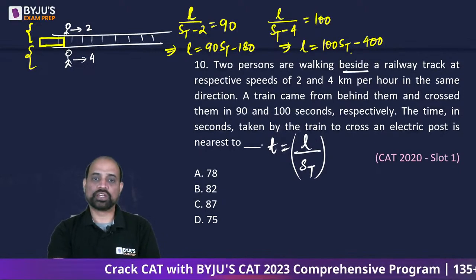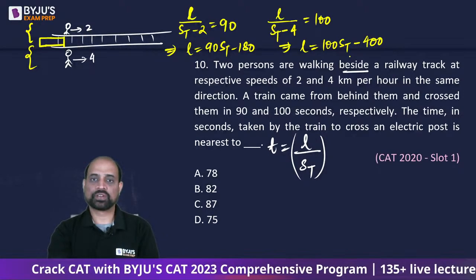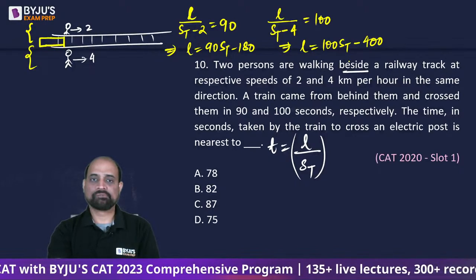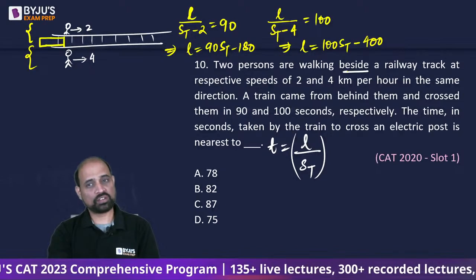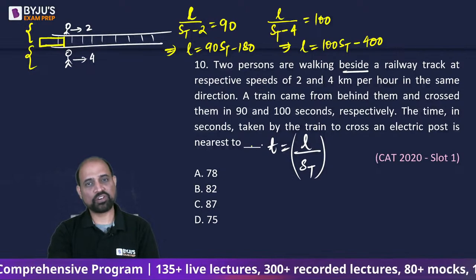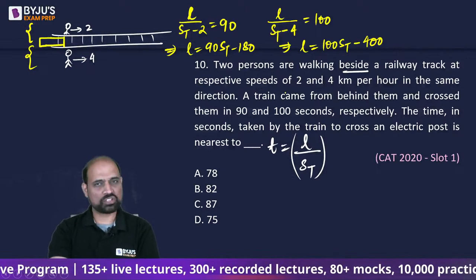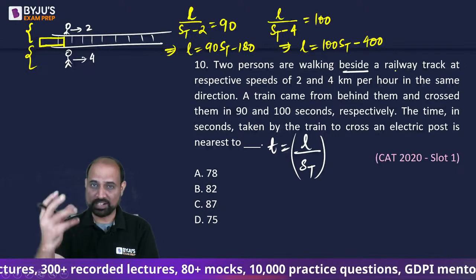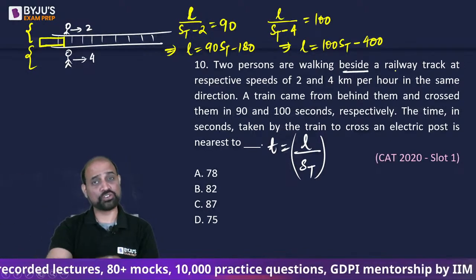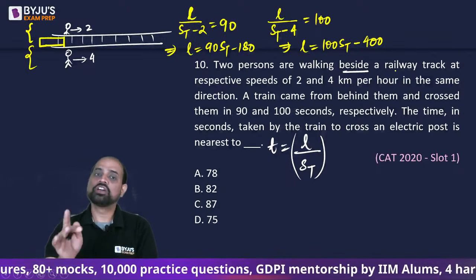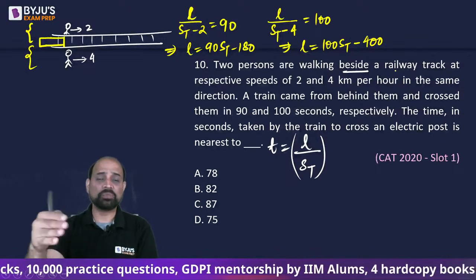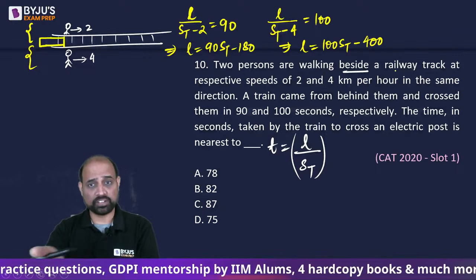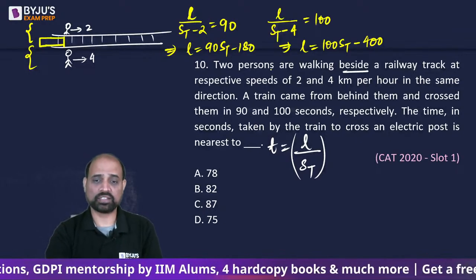What we can do is, should we get rid of 400 and 180? अब आगे solve करने का आपके ऊपर है. I can equate both of them, find out the value of ST, find out the value of L, put it back. Or what I can do is I can eliminate the constant here. 180 and 400 दोनों को हटा देते हैं.